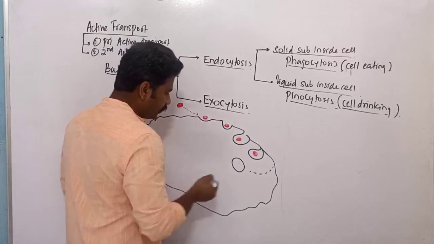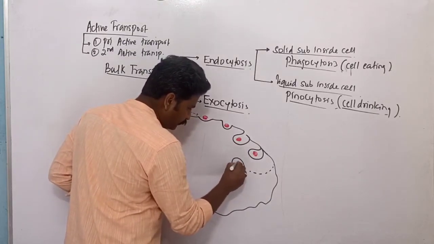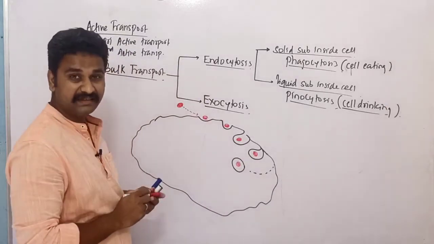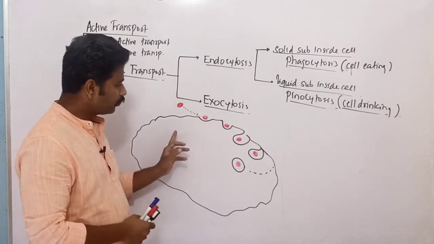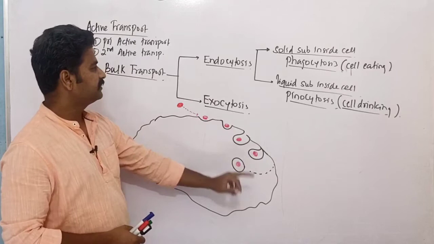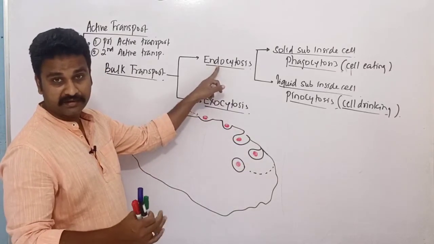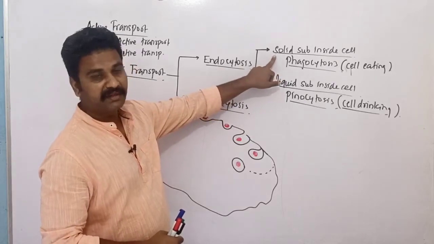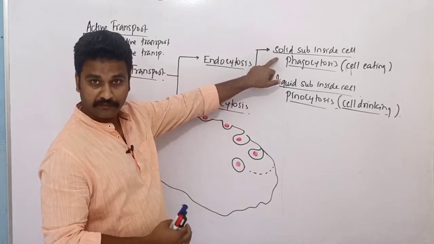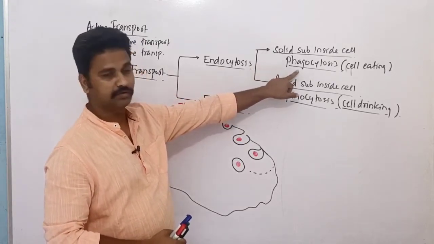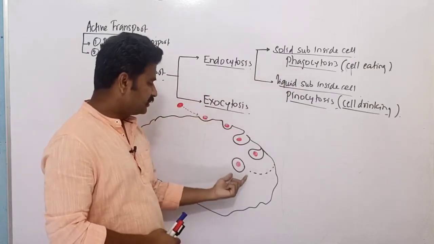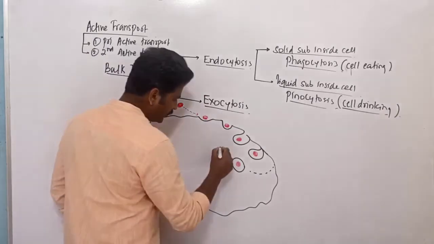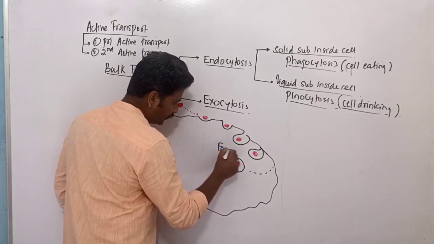So that's how the amoeba transports bulky food particles inside the cell, and this whole process is called endocytosis, as the substance is moving inside the cell, and here the plasma membrane is transporting a solid substance, a food particle, and that's why the process is called phagocytosis. And this formed vesicle, as it contains food, is called a food vacuole.